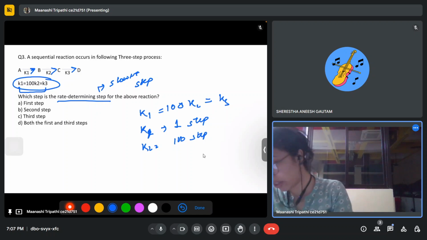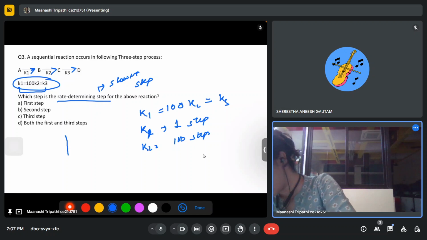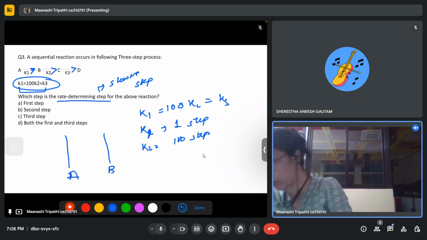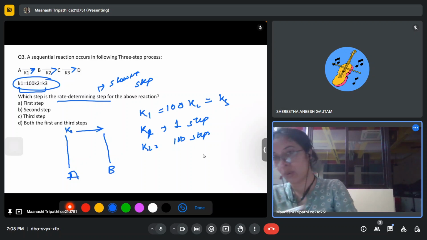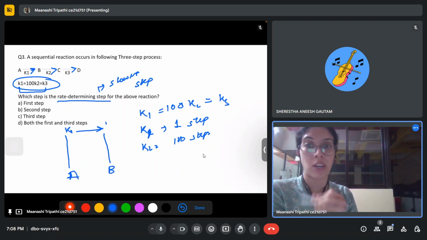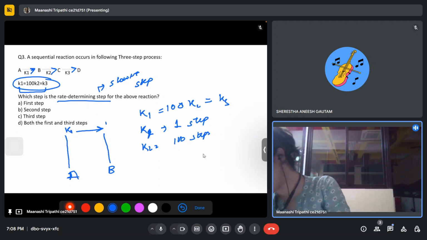For example, if something wants to go from point A to point B, if K1 wants to go, one step will be enough. But if the same thing K2 wants to go, it has to take 100 steps.